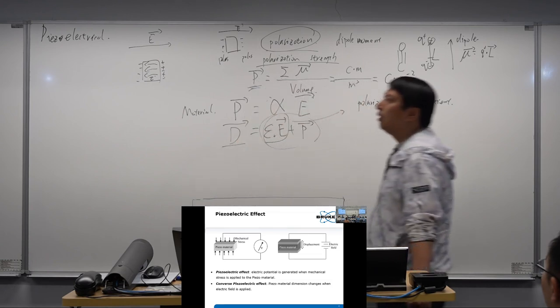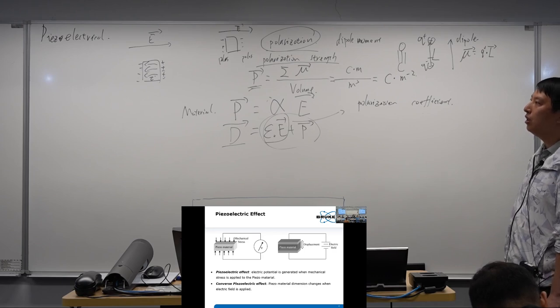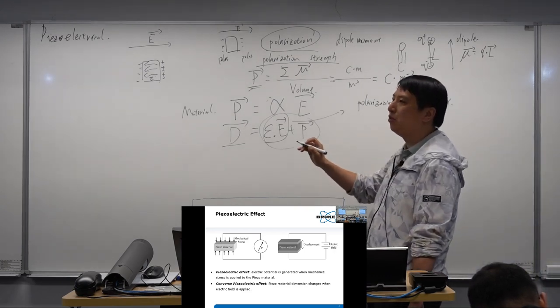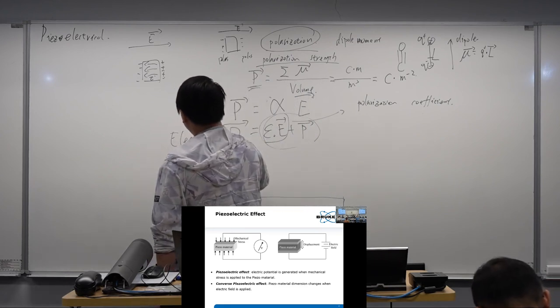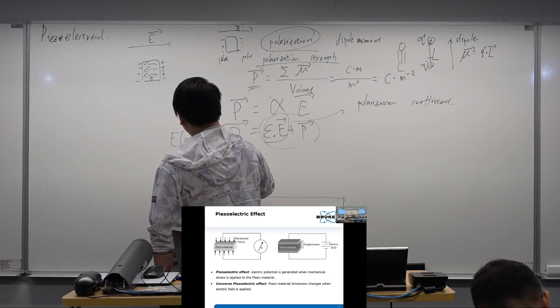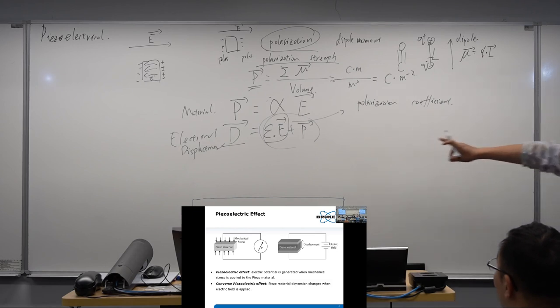And this D, I think I forgot the English name. Maybe some of you remember it. We call it electrical displacement. The Chinese will call it 电位移矢量, something like that.